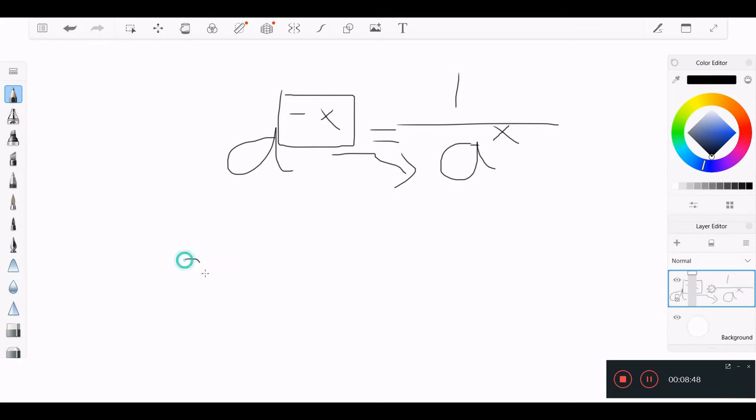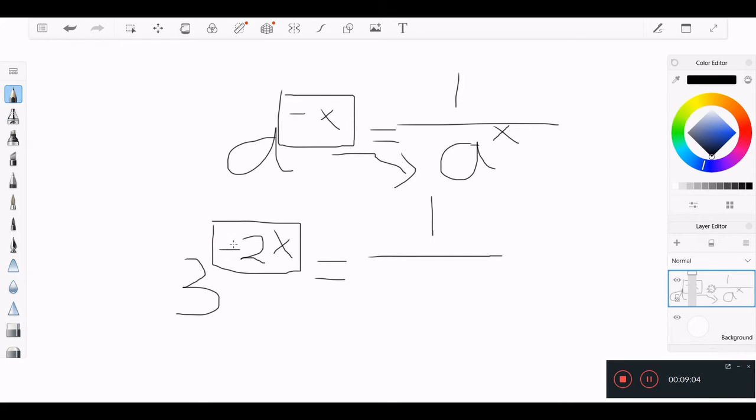Alright, when there's 3 to the power of negative 2x, you put it under the 1. You turn it into positive, so you get 3 over 2x. This is a very simple rule.